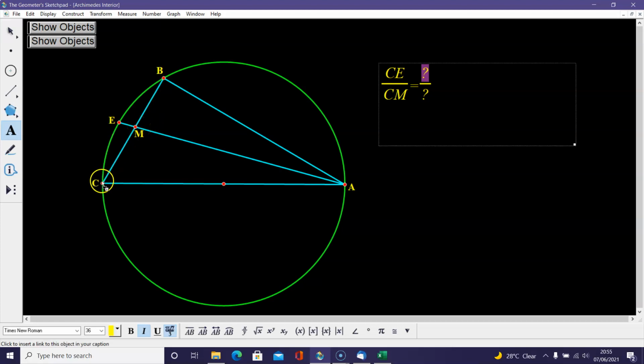And so if I look at this, I know CE is opposite this angle ENC, so the side opposite this angle BNA, or AB, is what I'm looking for.